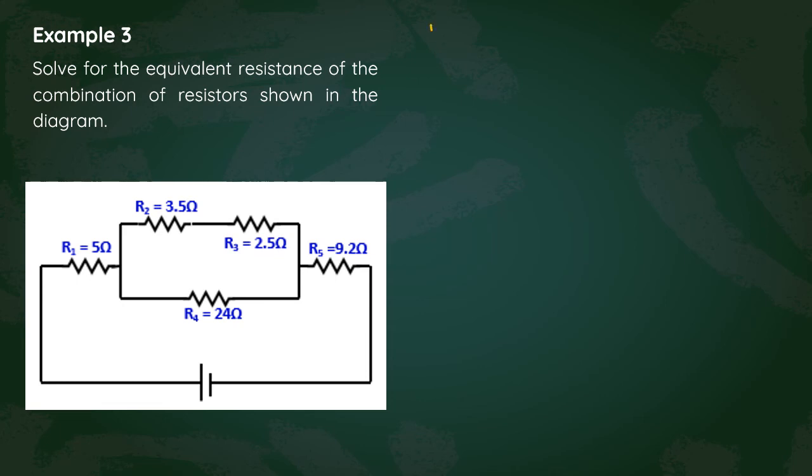So to solve for R total, we can first solve for the resistance of R2 and R3. Since R2 and R3 are in series, the total resistance of R2 and R3 is just R2 plus R3. Substituting your values, that's 3.5 ohms plus 2.5 ohms.